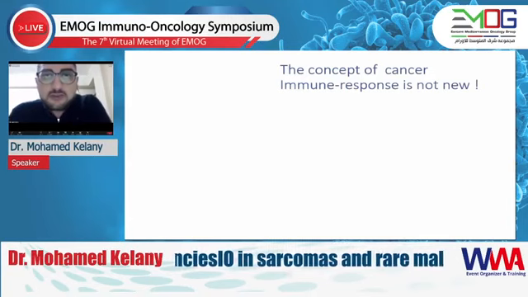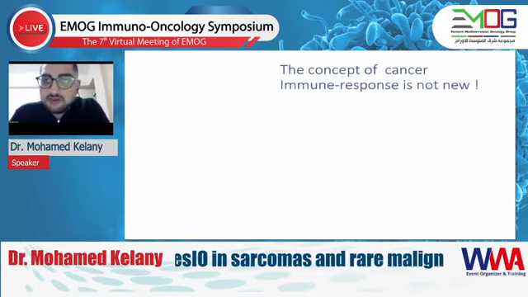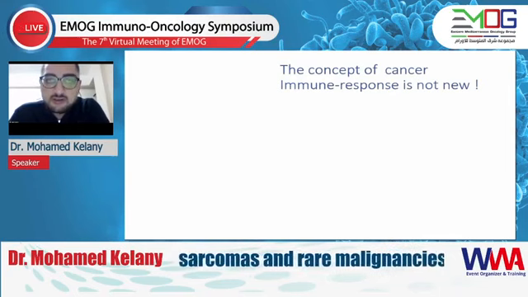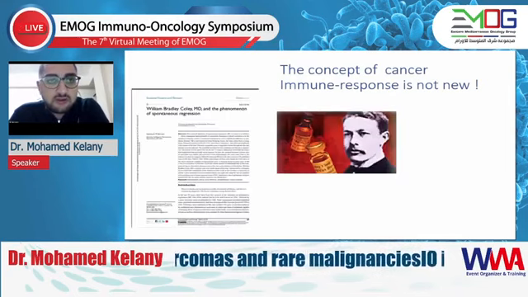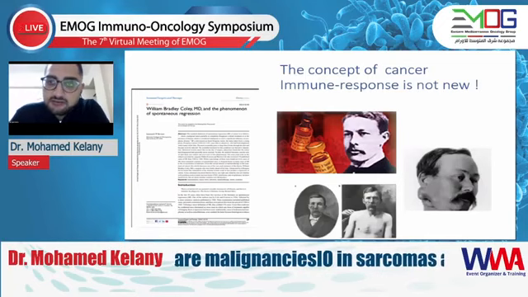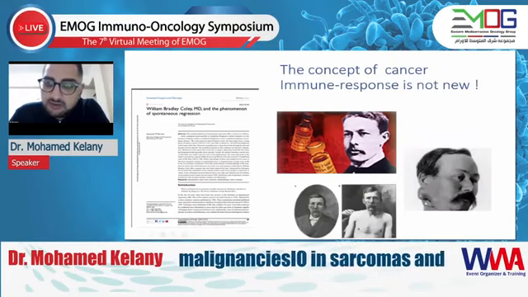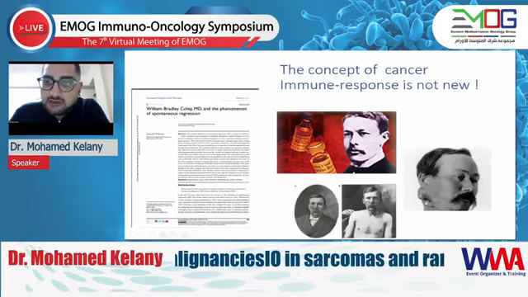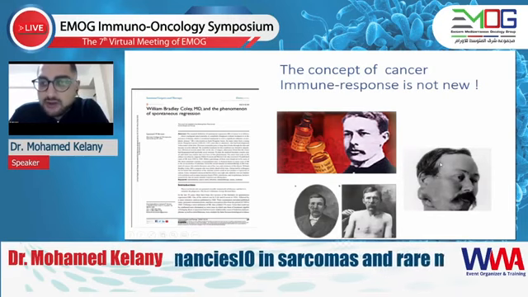The concept of immune response to cancer therapy is not so new. It is as old as the 19th century, when a surgeon called William Coley reported a phenomenon of spontaneous tumor regression after a staphylococcal infection, erysipelas, in more than one patient.